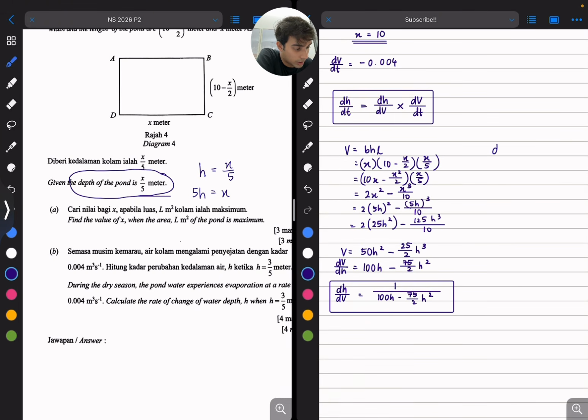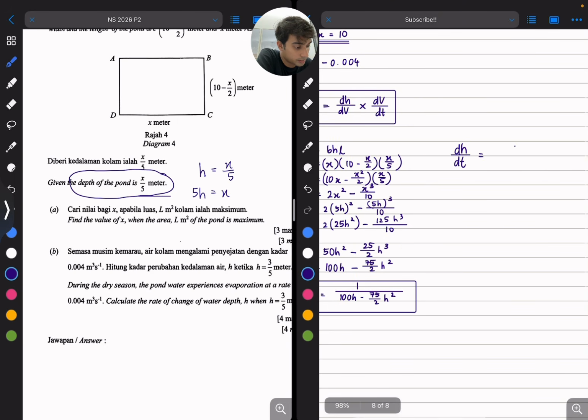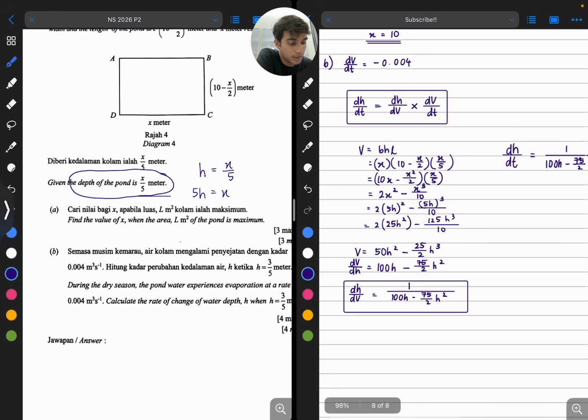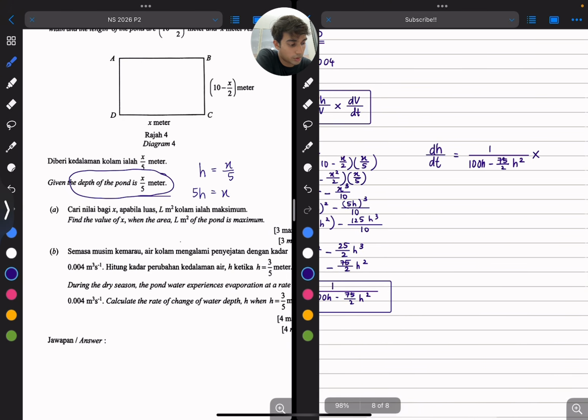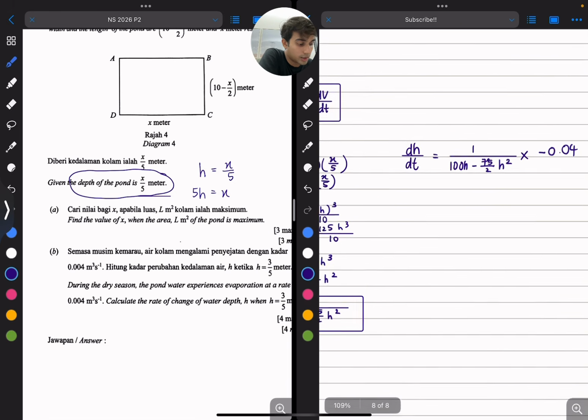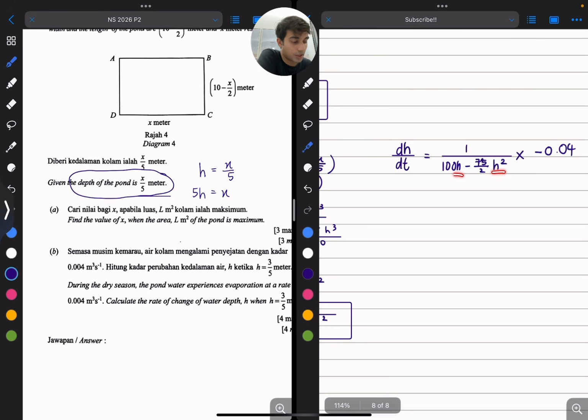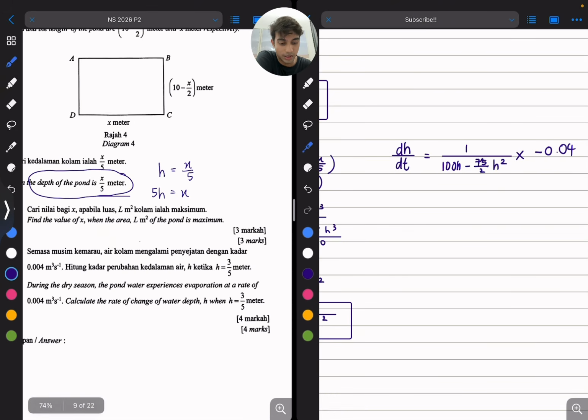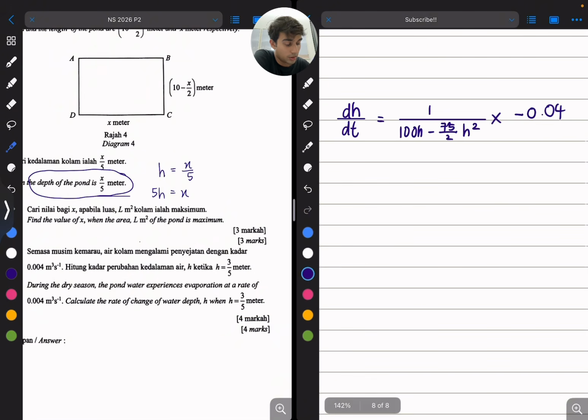So dh dt will be 1 over 100h minus 75 over 2 h square times dv dt, which is this, negative 0.04. Okay, but here we have h, right? Here we have to sub with the instantaneous h. So the instantaneous h means the h they are asking for lah. So when h is 3 over 5. So you just sub the h here with 3 over 5.